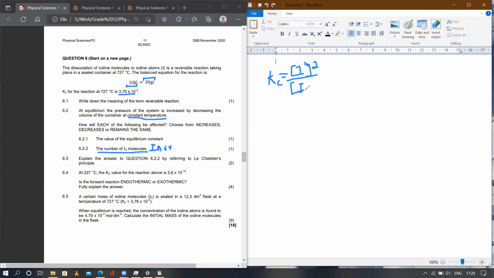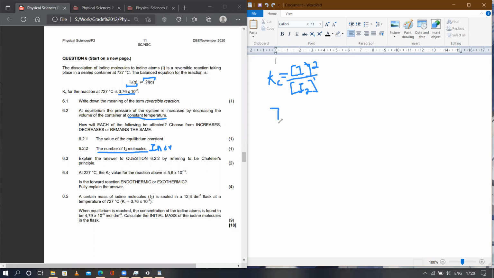So it's going to be your iodine molecules, to the exponent 1. So first thing first, you must compare your temperatures with your Kc.